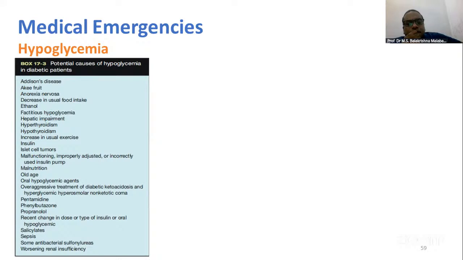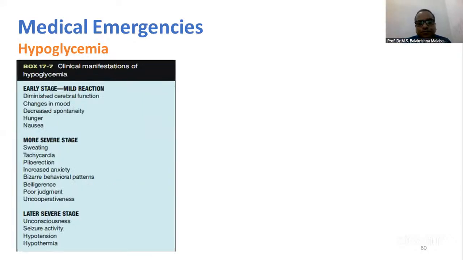Hyperthyroidism, or it could be hypothyroidism, the patient's insulin is not proper, malfunctioning of the cells, malnutrition, old age, anything can be a factor because of which the patient can go into hypoglycemia. So with hypoglycemia, again, the manifestations are early, more severe and late severe stage. In the early stage, basically the cerebral function will be disturbed, mood swings will be there, and hunger and nausea will come.